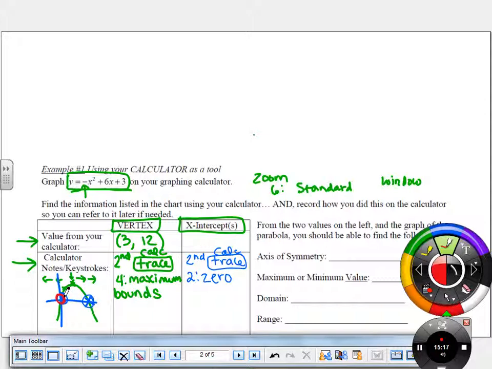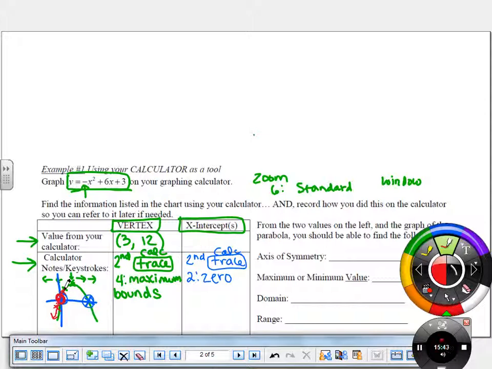Now it asks for the left bound. On this part of the graph, if we're looking for this x-intercept, to go to the left of the x-intercept in this case is also moving downward. So you're going to make sure that your cursor is down below that x-intercept before you press enter. Then it asks you for the right bound, so just arrow back up the graph so that you're above the x-intercept, because that would be to the right. Press enter, and then it says guess and press enter again.